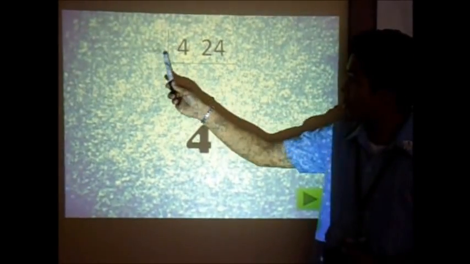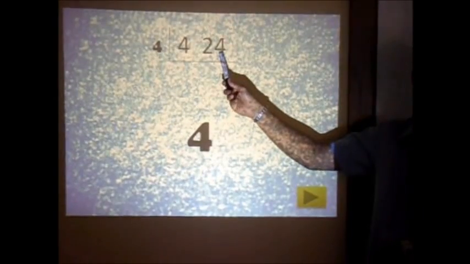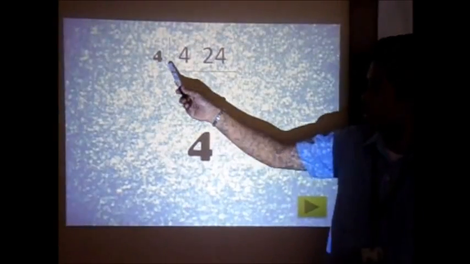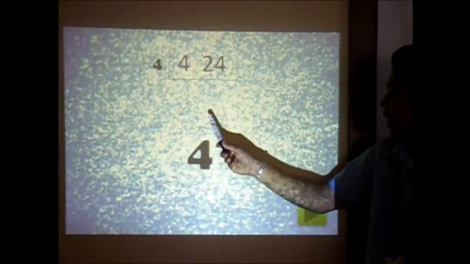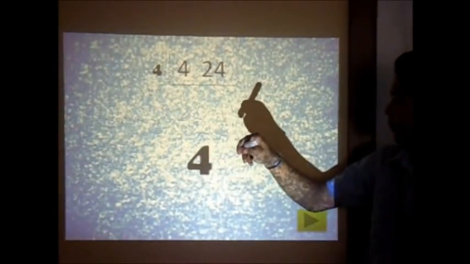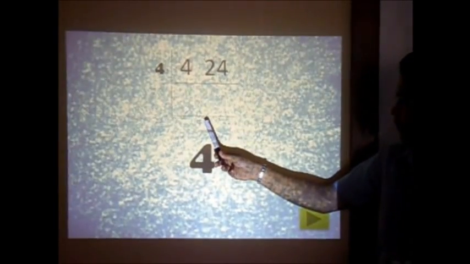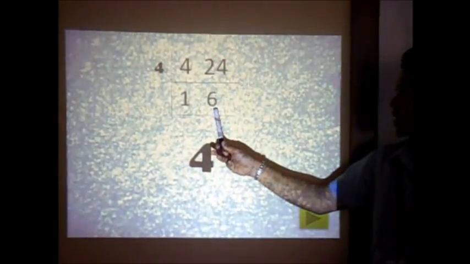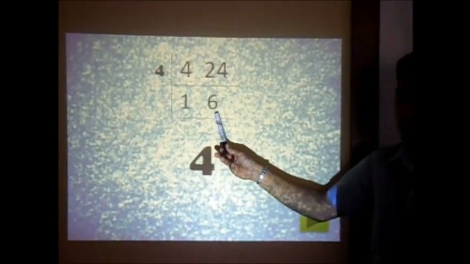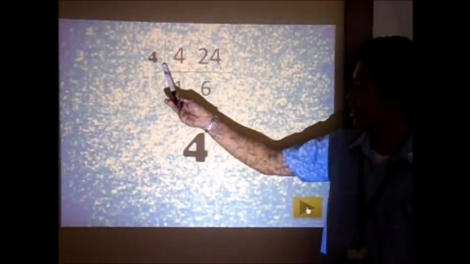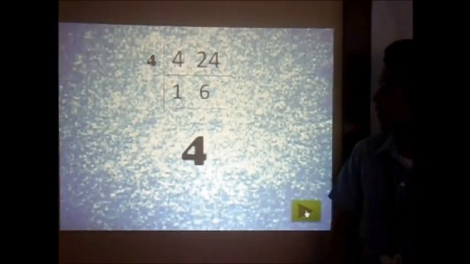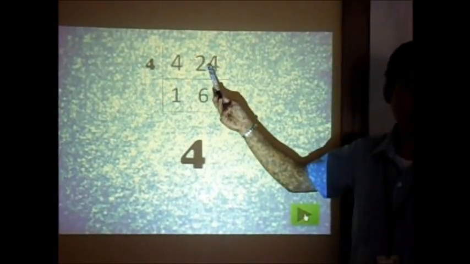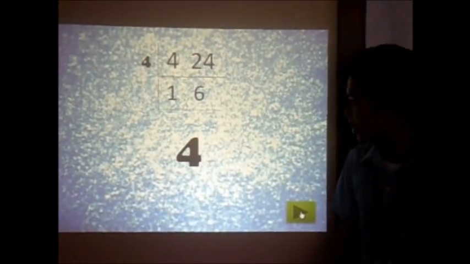So 4 is divisible by 4 and 24, right? 4 divided by 4 is 1. 24 divided by 4 is 6. And then our GCF is 4, since it is the greatest common factor that can be divided into the two numbers.